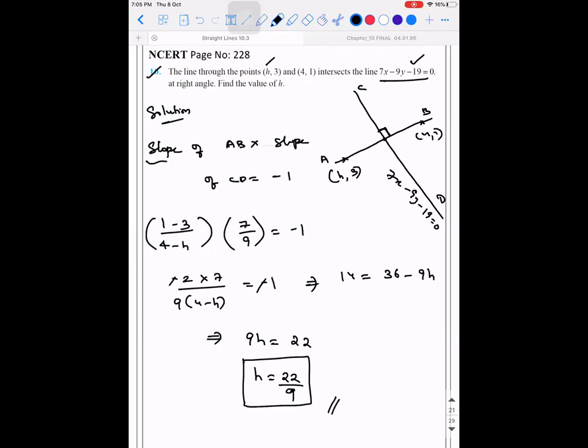So the product of their slopes is minus 1. So slope of AB into slope of CD is minus 1. So what is the slope of AB? (y2 minus y1), that is (1 minus 3) divided by (4 minus h), into the slope of CD, which is 7 by 9. If I set it equal to minus 1, when you solve it, you will get h is equal to 22 by 9. Is that clear? Yes, sir.